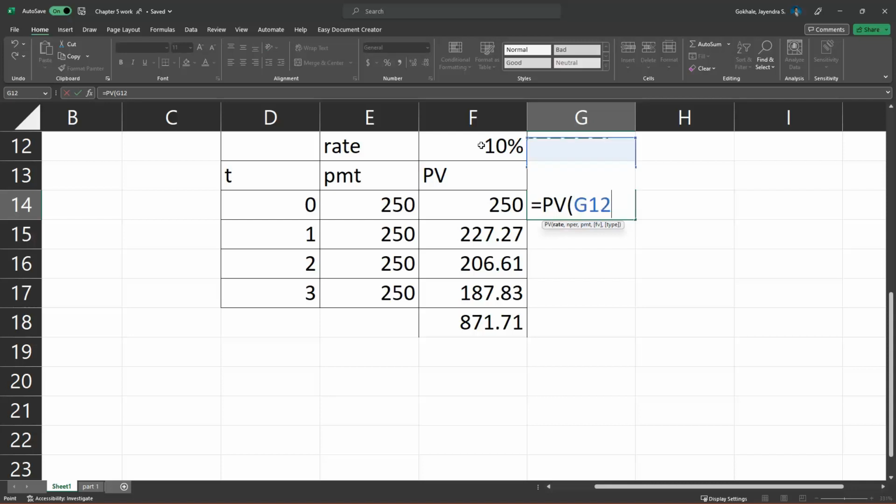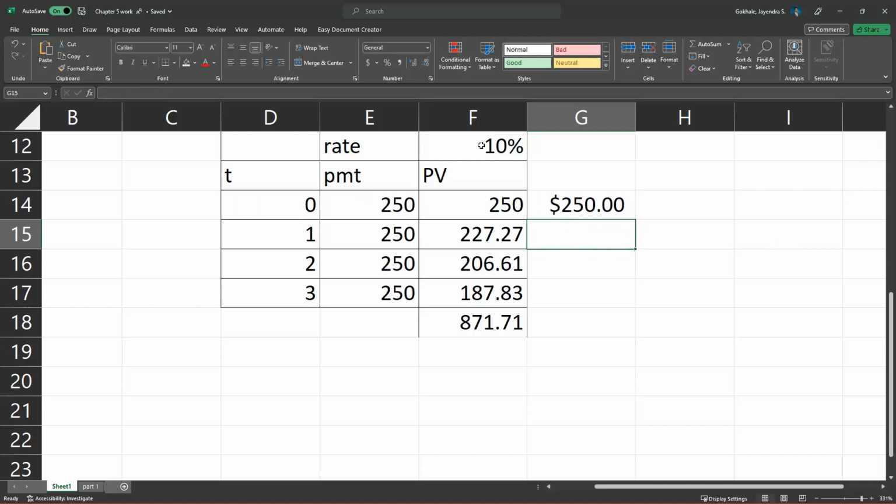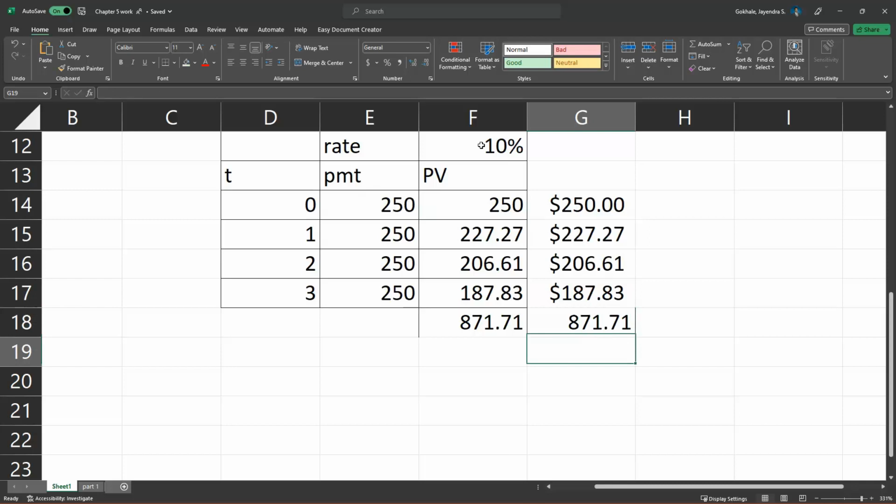So PV, rate is F$12, the number of periods is this cell here, comma, the payment is 0 now because these values are each treated differently as a future value, minus the future value, and the type is 0. So 250, 227.27, 206.61, the exact same things. Now, this is the present value of the annuity due.